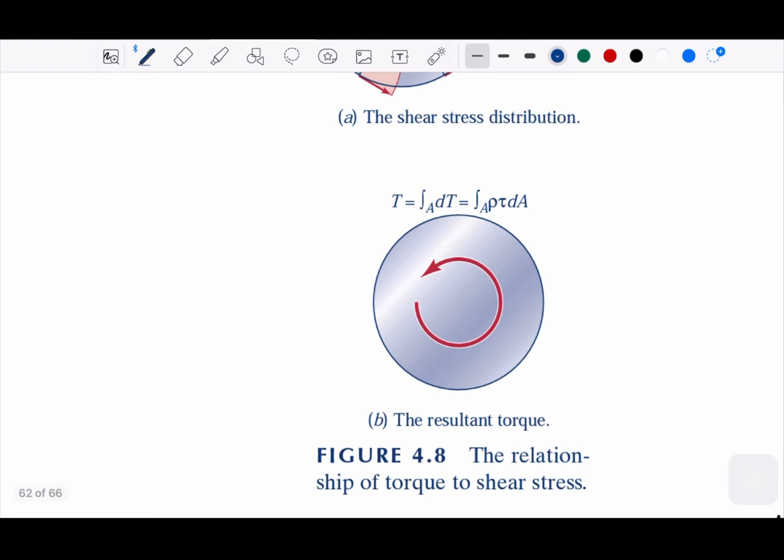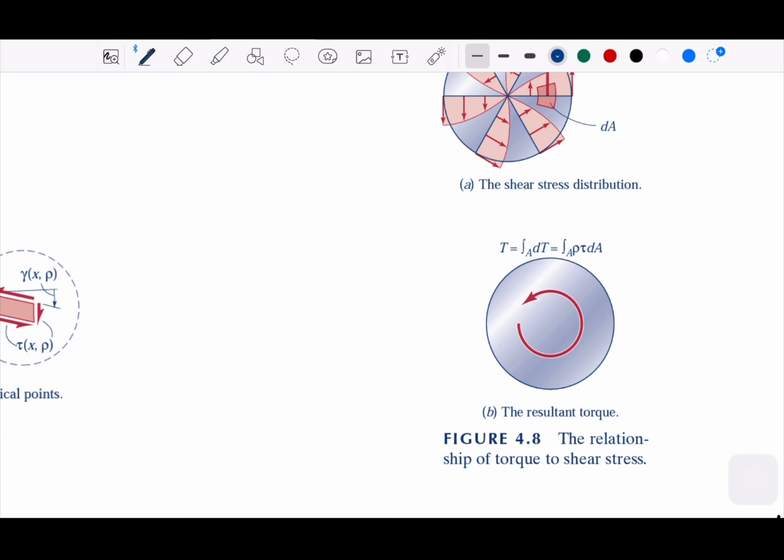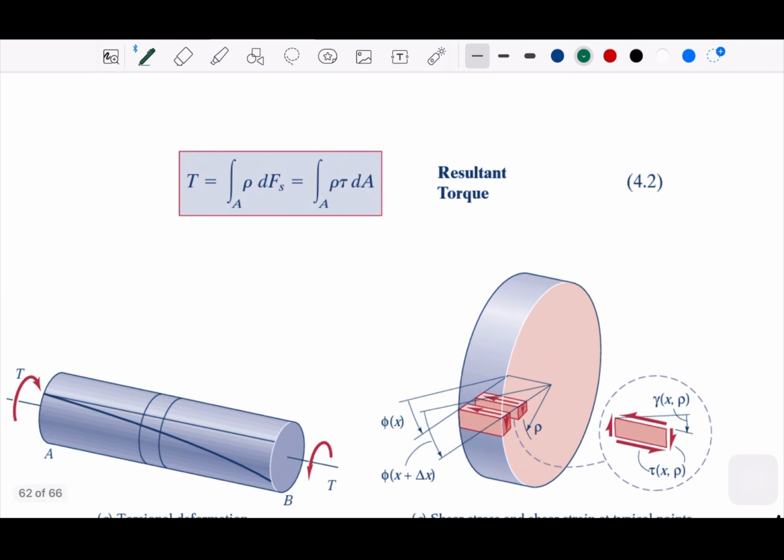So we can directly write the integration of rho, tau, and dA for the torque. So that is the resultant torque. So we could just write this down. This is the resultant torque. Oh, I think I already wrote it. Oh yeah, already here.